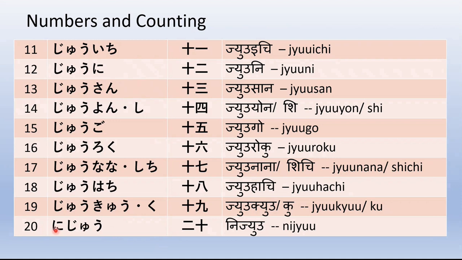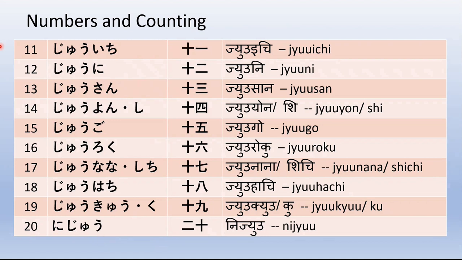So this is important. 20 becomes Niju. 20, or 2 multiplied by 10, we can say 2 for Ni and 10 for Ju, Niju. So this is how the numbering and counting will proceed in Japanese.